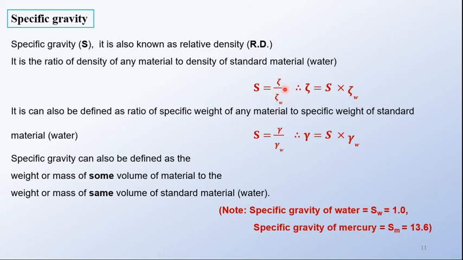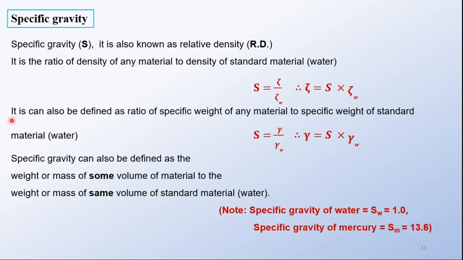The ratio is known as specific gravity. So by this expression we can say that density of anything is equal to specific gravity multiplied by density of water. So one has to note here, specific gravity is also known as relative density, or RD.